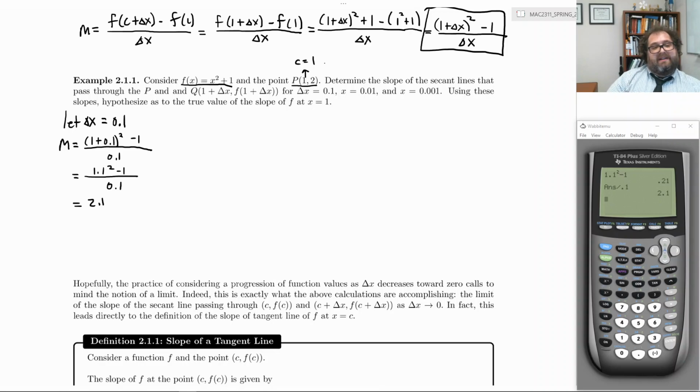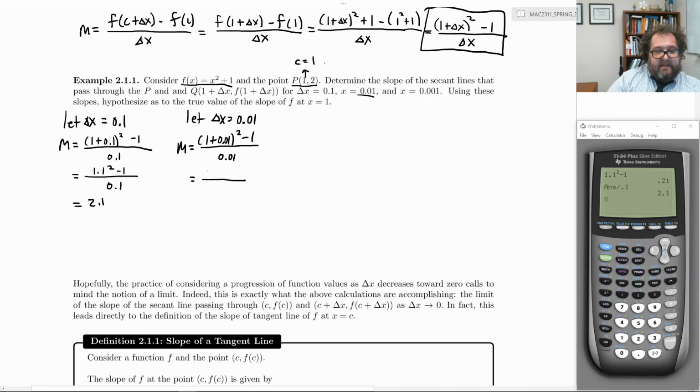So that is the slope of the line that passes through P, which is (1, 2), and Q, which is (1.1, f(1.1)). Now, what if we let delta x equal 0.01, like we're instructed? Well, let's see what the slope is there. M equals, again, going back to this definition up here in the top right-hand corner, (1 plus 0.01) squared minus 1 over delta x, which is 0.01.